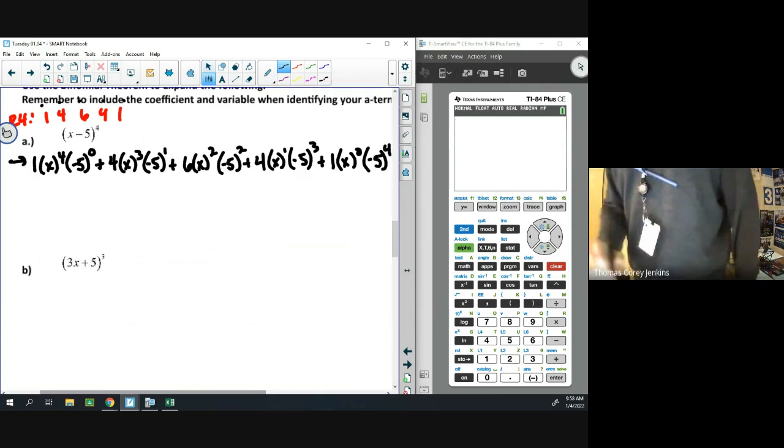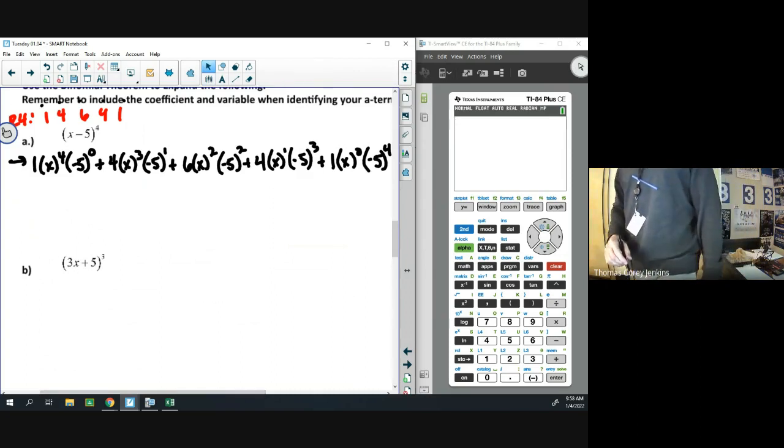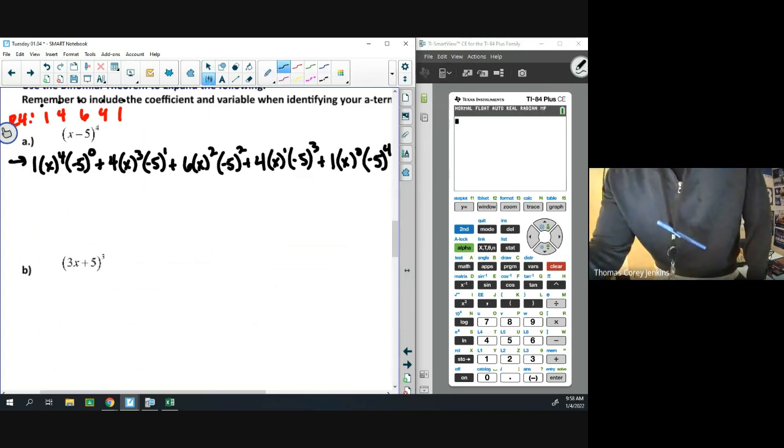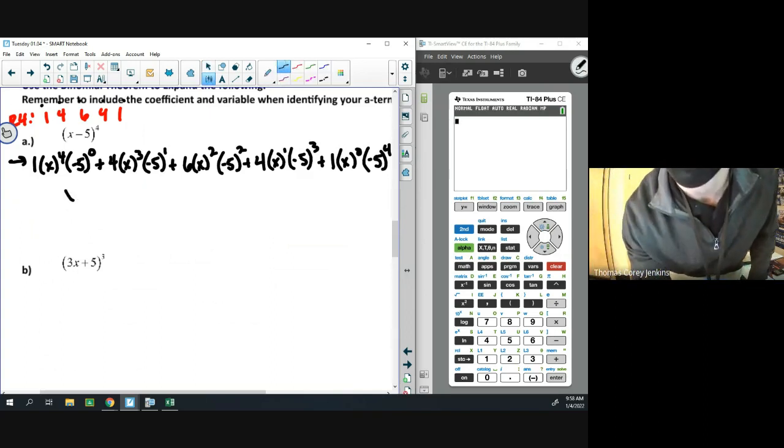All right, so when we simplify each term, my coefficient of the first term is going to be 1 times -5 to the 0, so that's just 1 times 1. So my first term is simply x to the 4th.